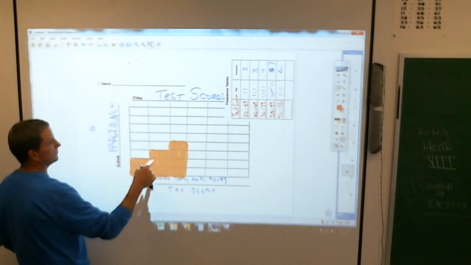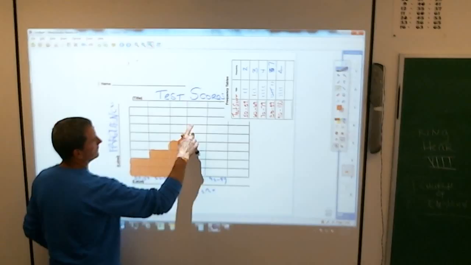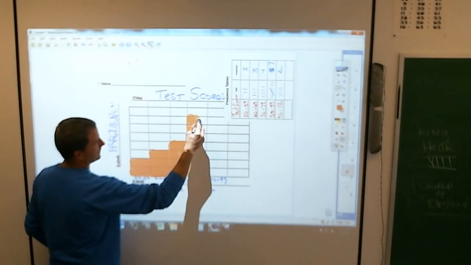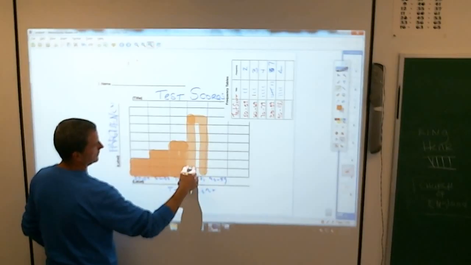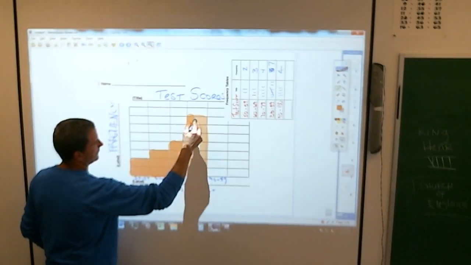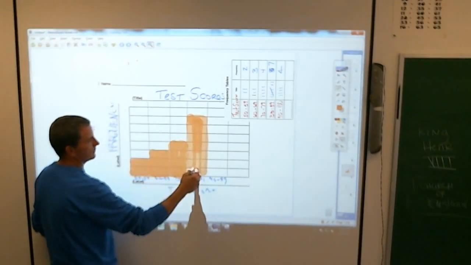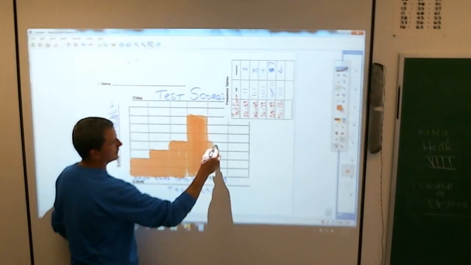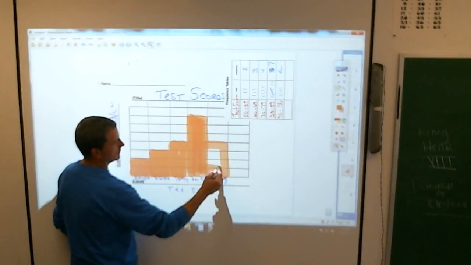Got the label. 1, 2, 3, 4, 5, 6, 7. All right. And then 6. The little thing should look a little like this.